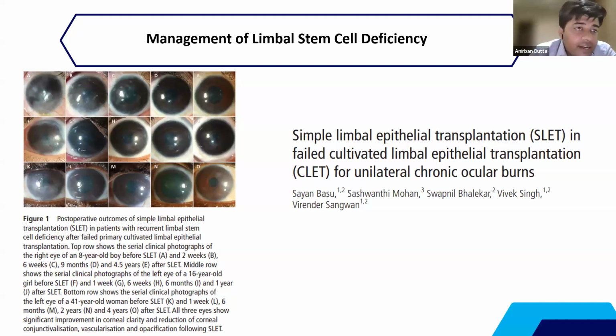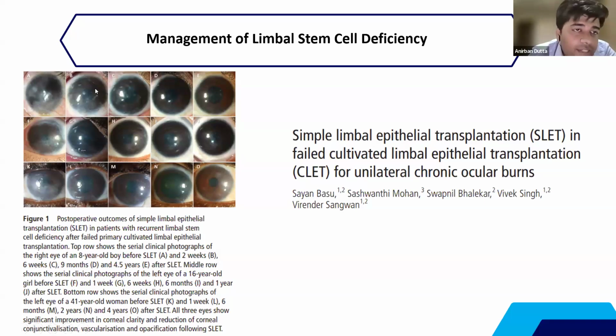As you can see here, if you look closely, these are some examples of patients who had total LSCD which did not work out even with cultivated limbal transplantation or CLET. So they went ahead and did a SLET in this. You can see the small white colored dots here. These are the limbal epithelium which has been harvested from the contralateral eye.